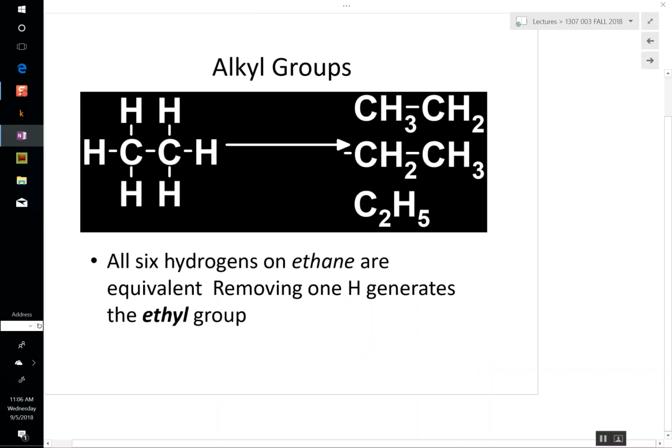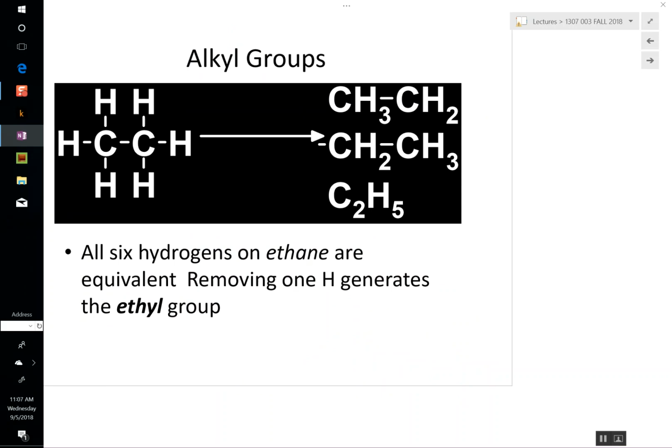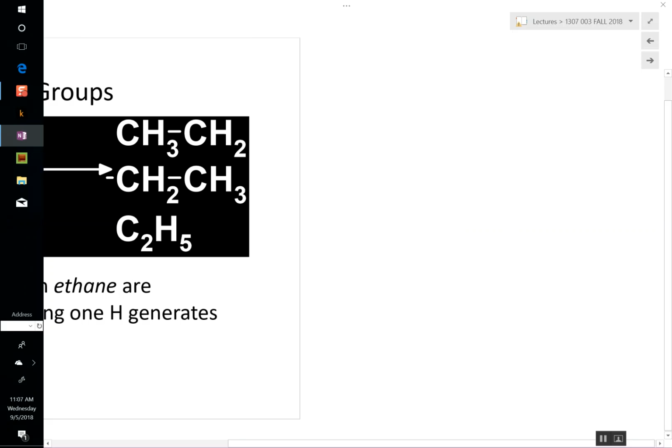The second one, again a very prominent one, is an ethyl group. If you remove that hydrogen and show that as a place where it can connect to something, you have an ethyl group.